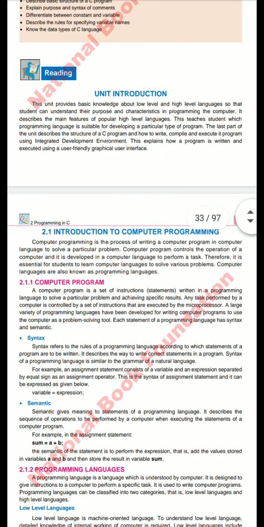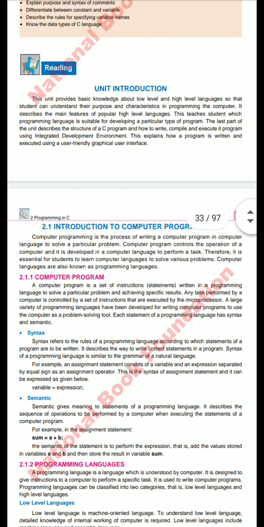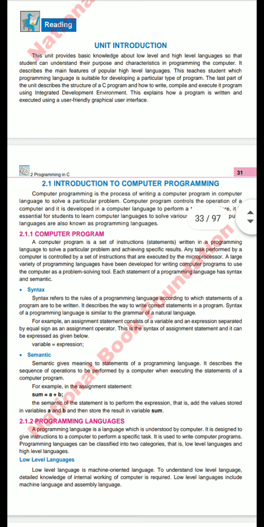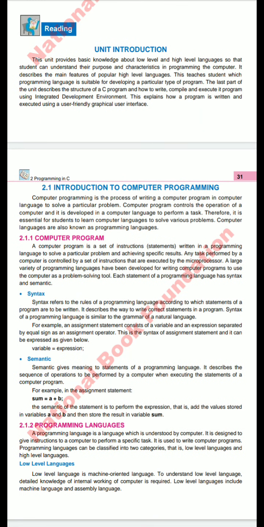Dear student, this is our basic lecture about the C programming language, or about high level languages. As I discussed earlier, computer programming languages are of two types: number one is high level language and number two is low level language. All kinds of languages that are user friendly, student friendly, written in the natural English language, are high level languages, and the computer knows low level language, that is machine language, in 01 form.